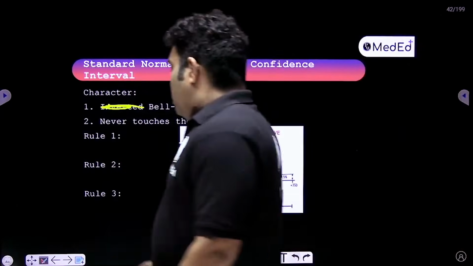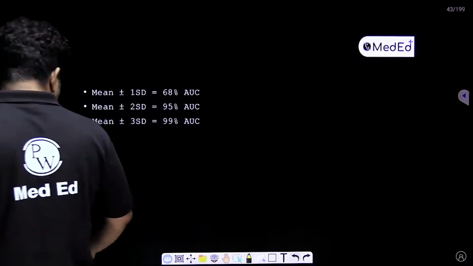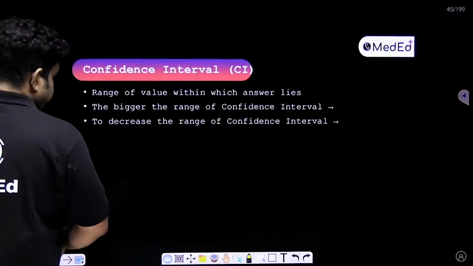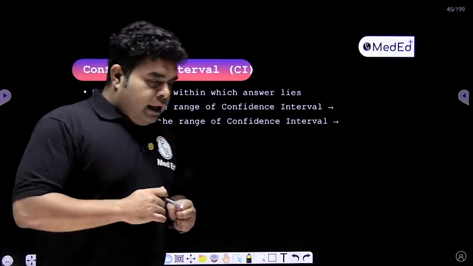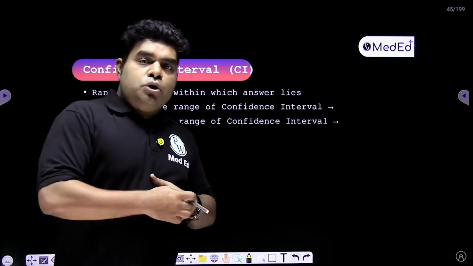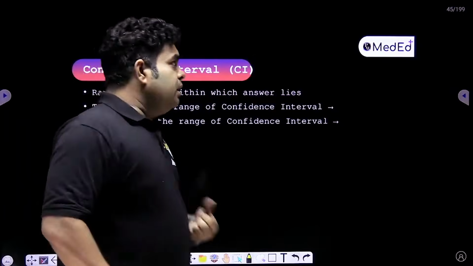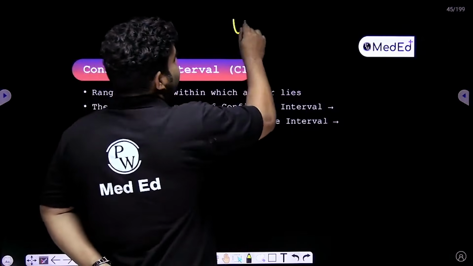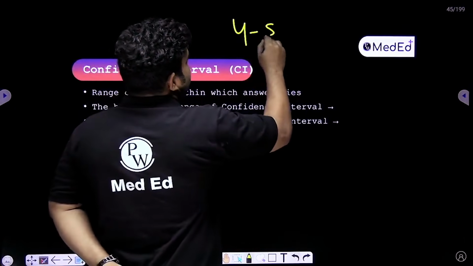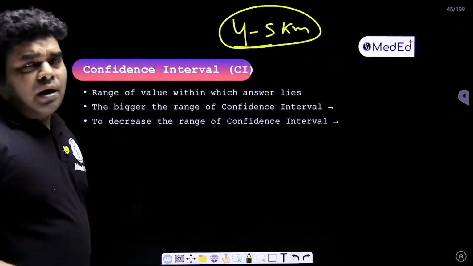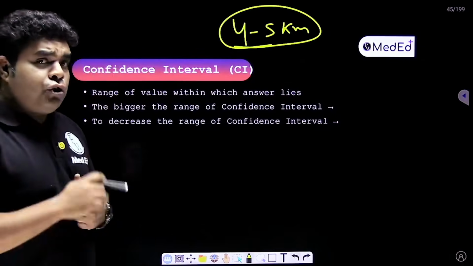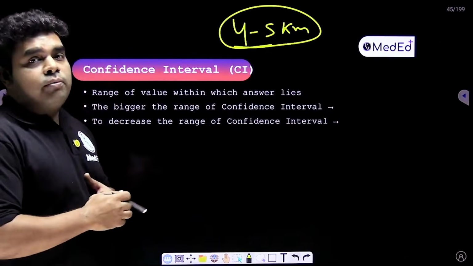For example, if I ask you how much you can run, and you said, sir, I can run between 4 to 5 kilometers. And I will ask how sure you are that you can run 4 to 5 kilometers.